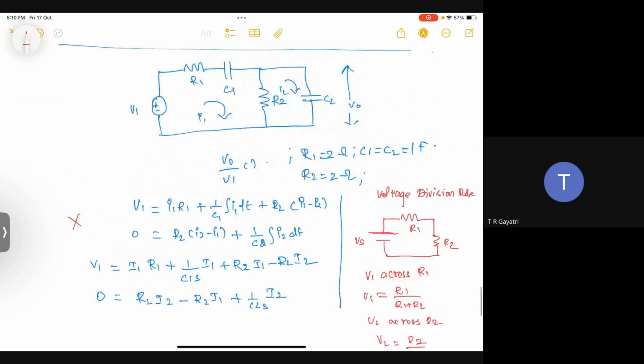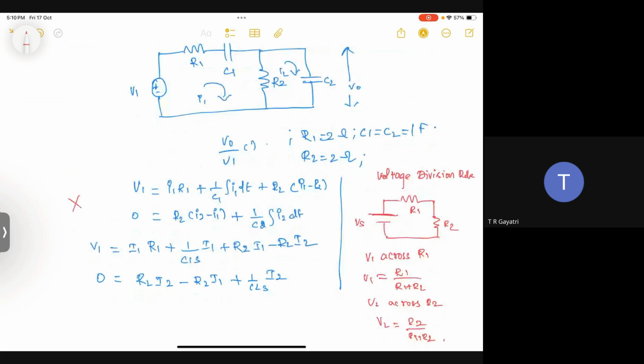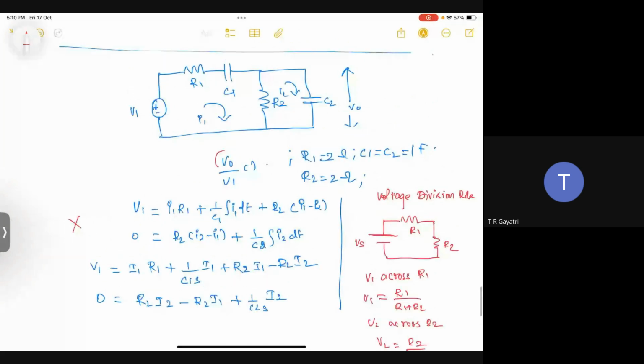So here, when we write equation in this regular way, we won't get any terms in terms of V naught. Otherwise, you have to consider this 1 by C1S into I of S, the voltage across the capacitor. You have to write it in terms of that. So it will be a little twisted.